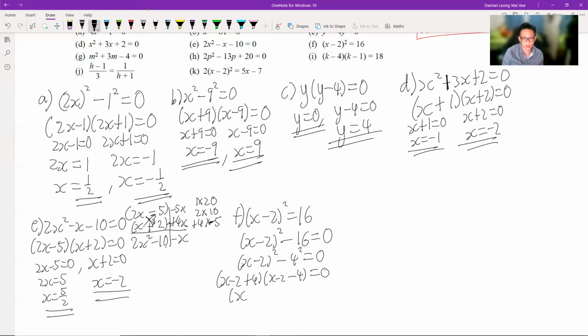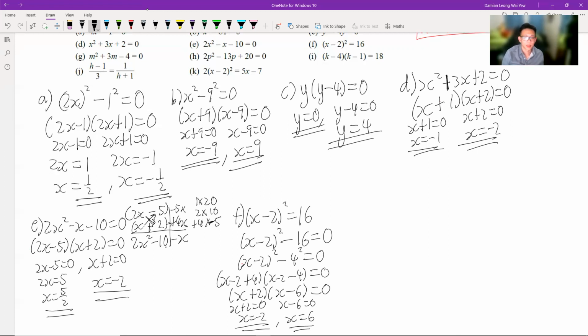In other words it is (x plus 2)(x minus 6) equals 0. So it's either x plus 2 is 0, x is negative 2, or x minus 6 is 0, x is 6.